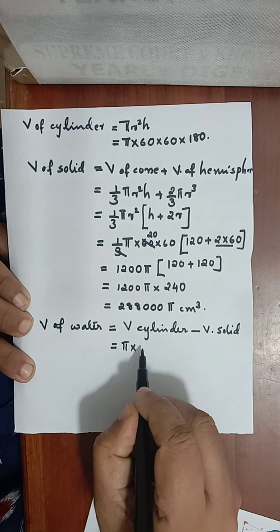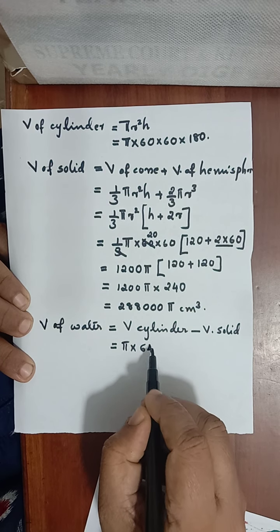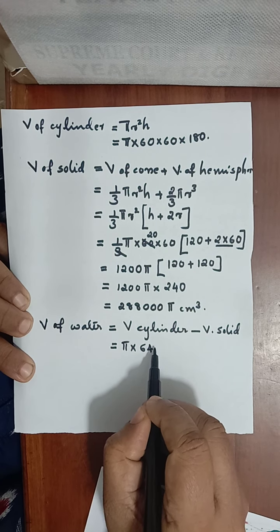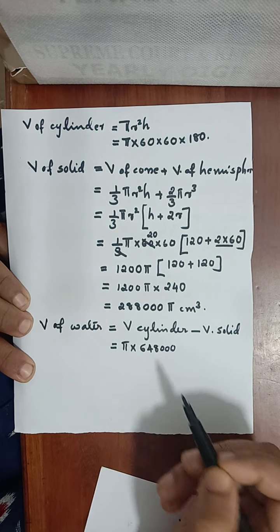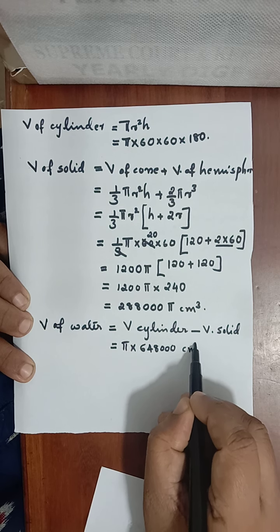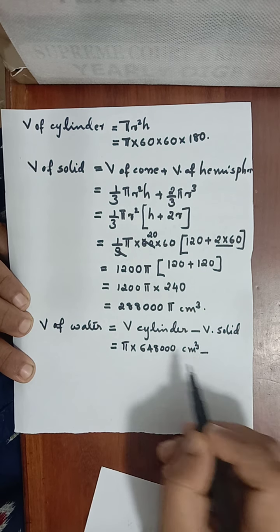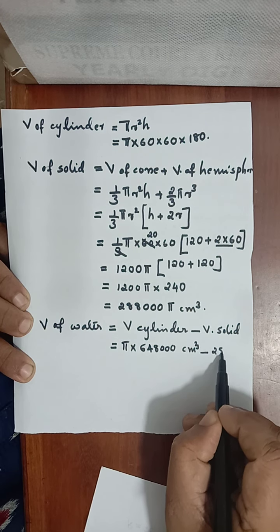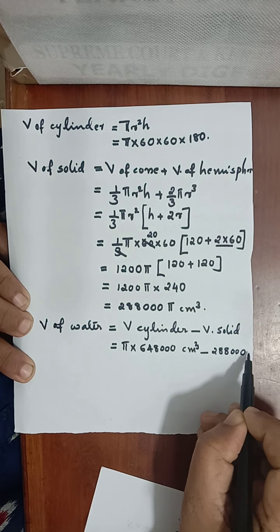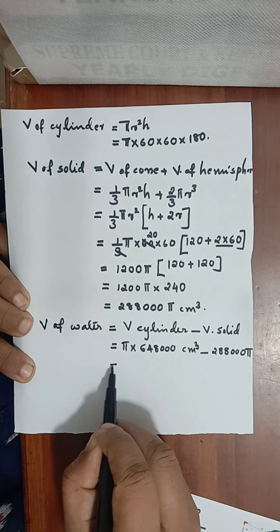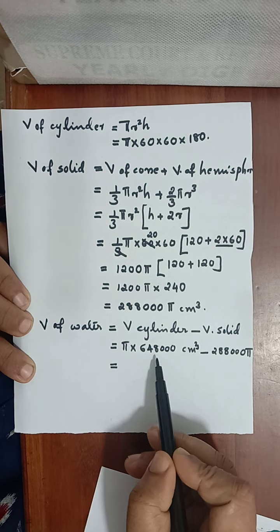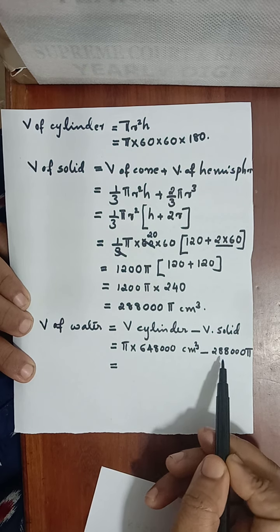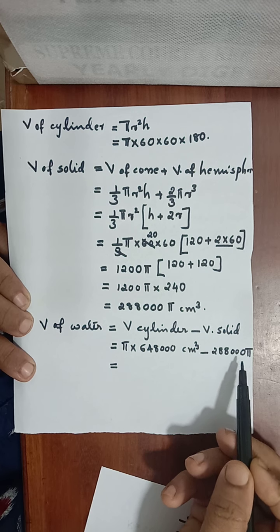You will be getting the answer 6,48,000 pi cm cube, minus volume of solid is 2,88,000 pi cm cube. Now let us subtract. Both are in terms of pi. 6,48,000 pi cm cube minus 2,88,000 pi cm cube.